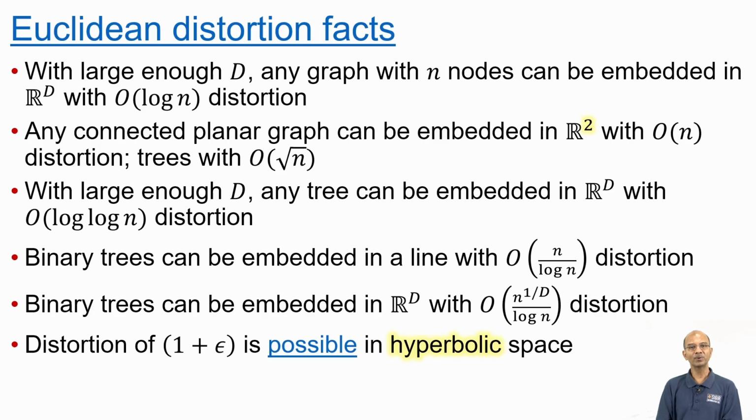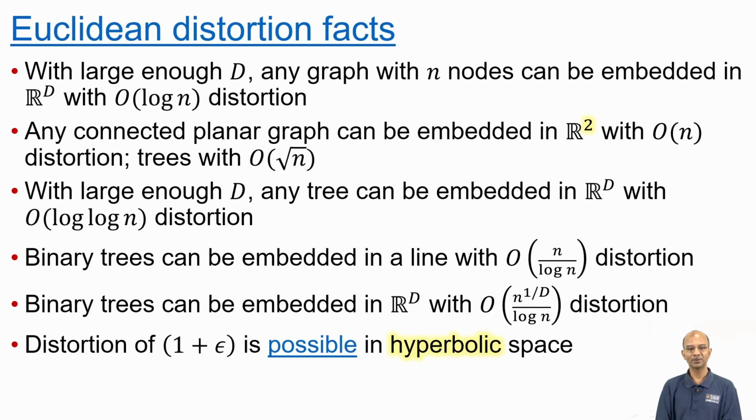Trees can be embedded with order square root n distortion. With large enough dimensionality D, any tree can be embedded in R to the D with order log n distortion. Binary trees can be embedded in a line with order n over log n distortion, and in R to the D with order n to the 1 over D over log n distortion.